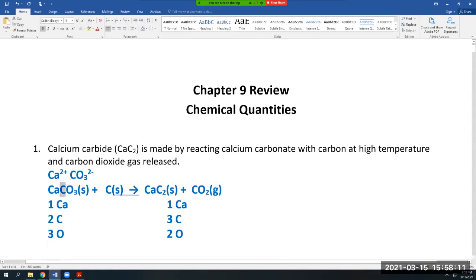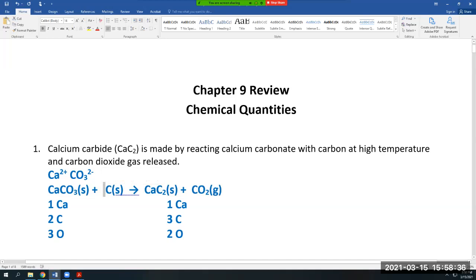Actually, in every compound of this skeletal equation. So that's not going to be easy to balance. But we have the carbon here by itself, so we will keep it. We will balance it in the end using this carbon by itself. So that will make it easier to balance carbon.